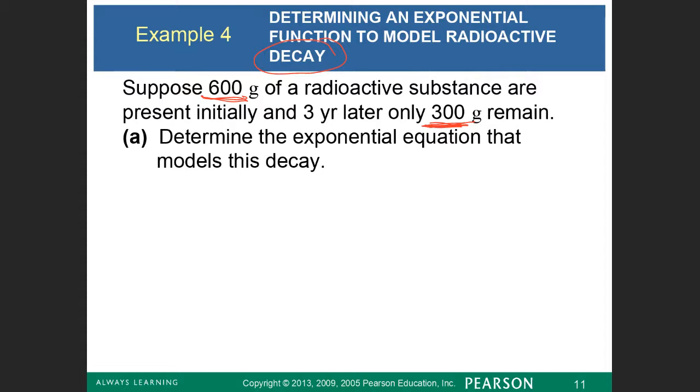So determine the exponential equation that models this decay. We'll still use the same equation. Y is equal to y sub 0 e power of kt. And then our y sub 0 is here. And the future, since this one is getting smaller, is your y, which is 300 at this point.